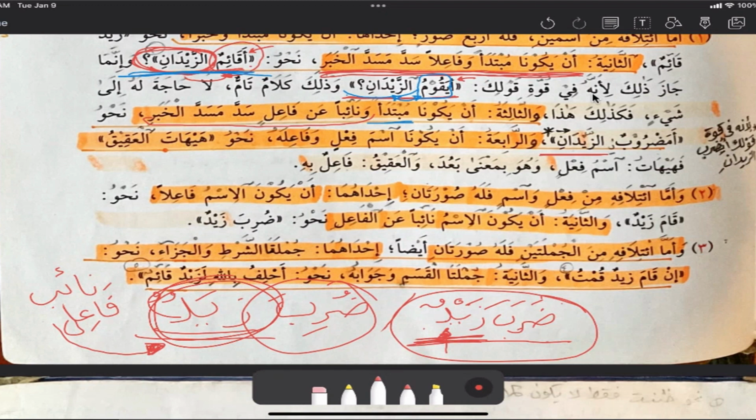He basically took over a subject and made it his predicate. Same thing here. This is a vice doer that took over a subject and made it its predicate. Structurally, the sentence is exactly the same. According to the rules, it's exactly the same. The difference is the meaning of whether it's the doer or the receiver who took the doer's place.